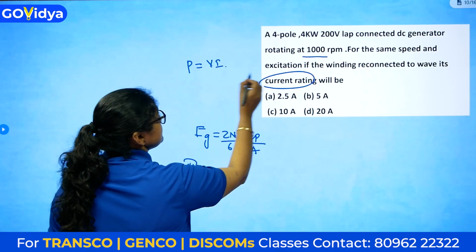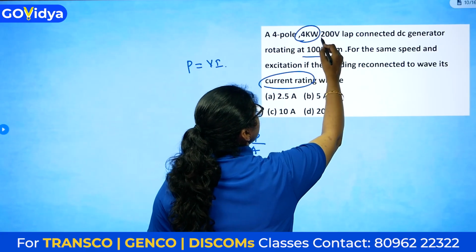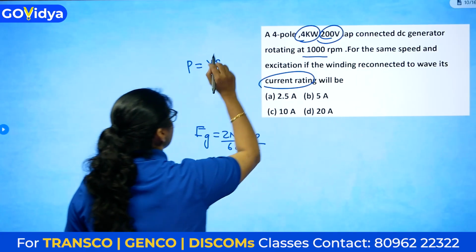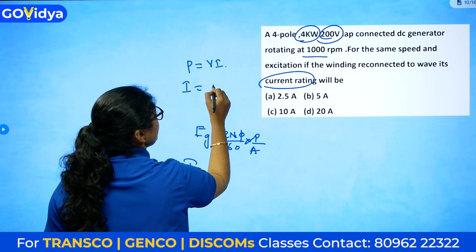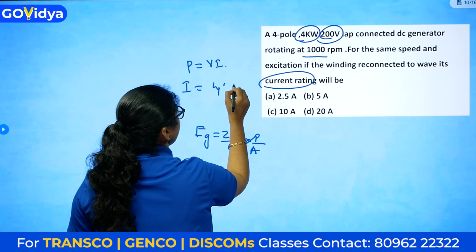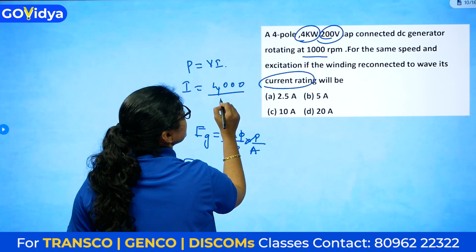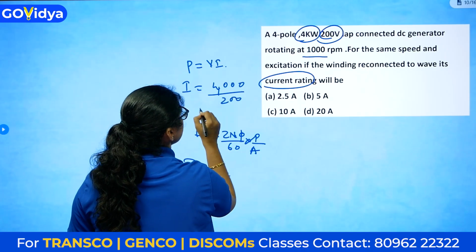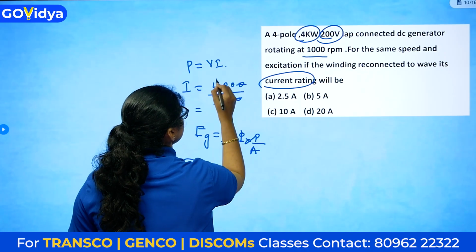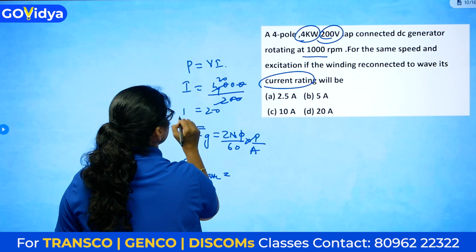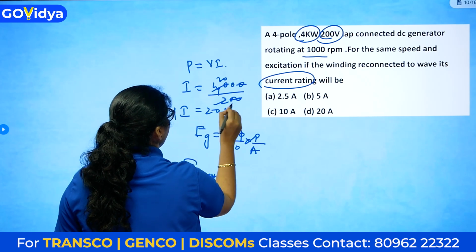How can I calculate it? The power is given and the voltage is given, so I can calculate the current. I is equal to 4 kilowatts, so 4000 by 200 volts, which gives 20 amperes.